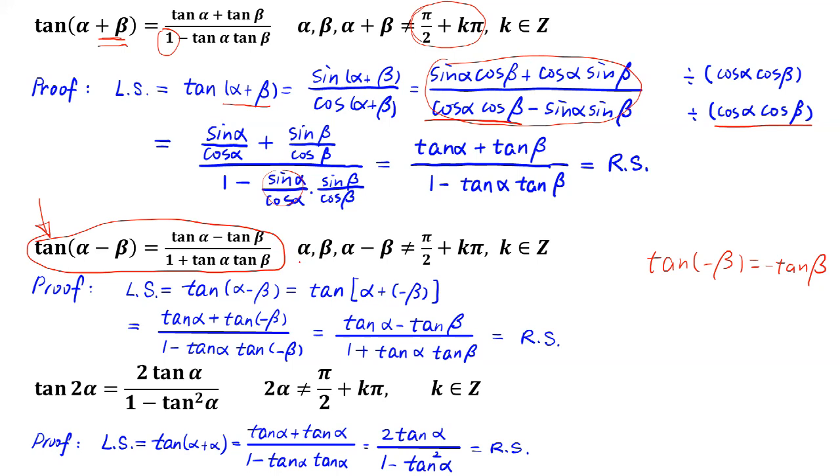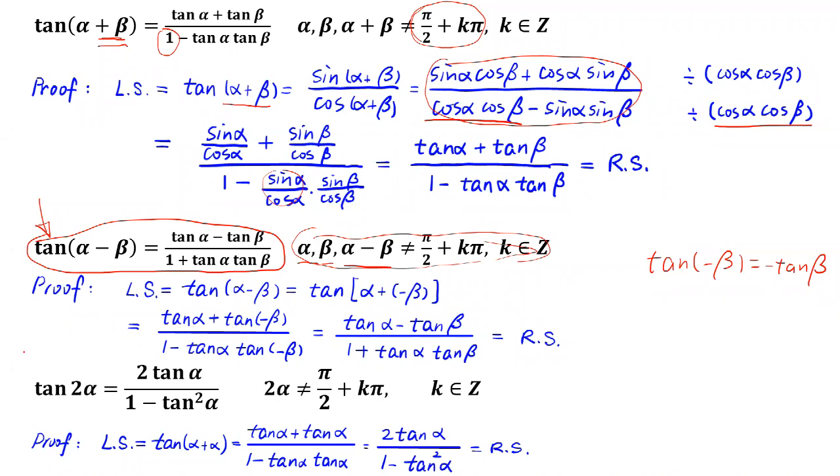Of course, you need to ensure that alpha, beta, and the difference between alpha and beta are not on the y-axis. Otherwise, the denominator will be 0, right? So as long as all of the angles satisfy this constraint, this formula is a trigonometric identity.